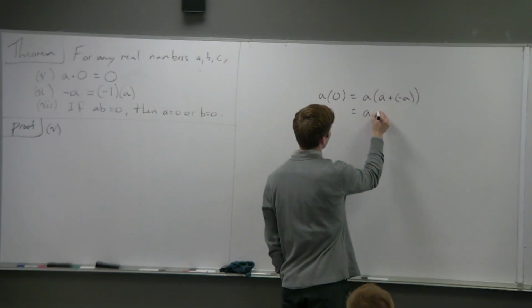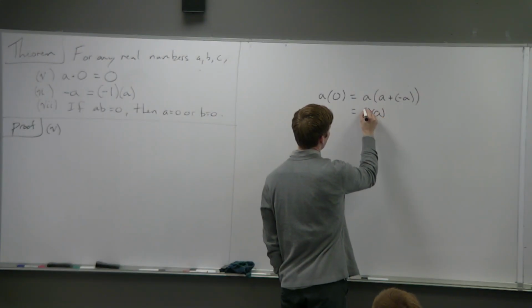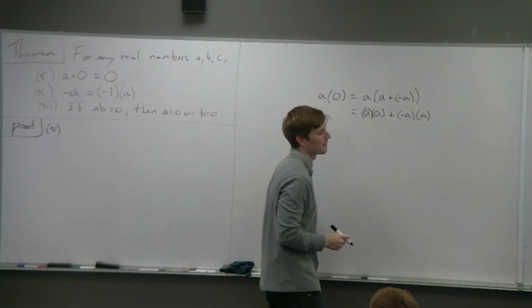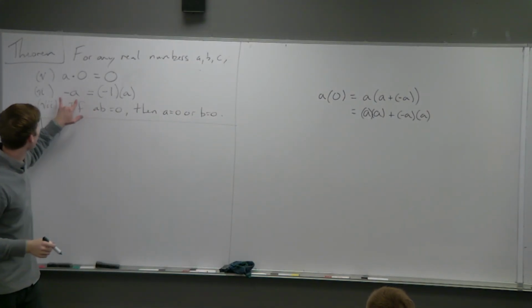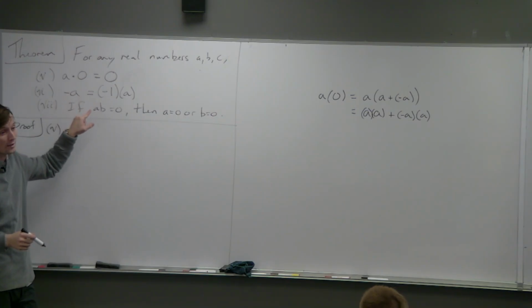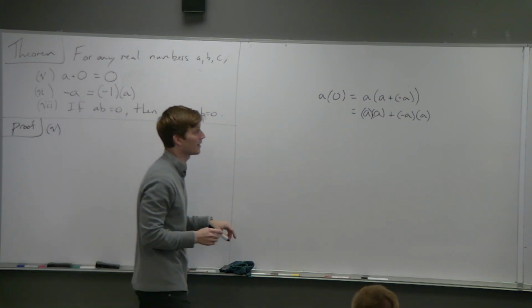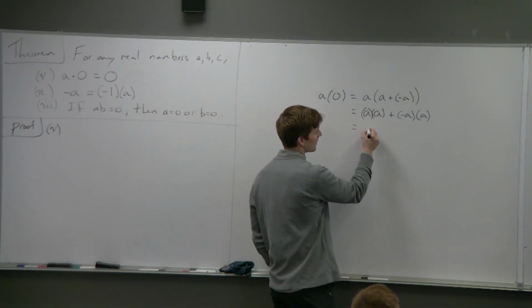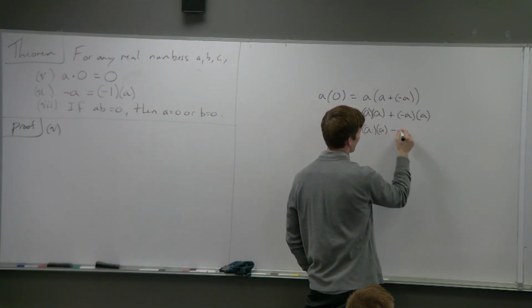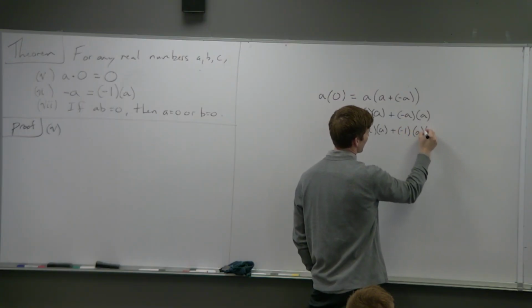OK, and so you get a times a plus minus a times a. Now, if we had proved item 4 first, if you want to go ahead and prove item 4, we can use this trick. This is a perfectly reasonable way to get there, because then what you'd want to say is something like a times a, plus minus 1 times a.